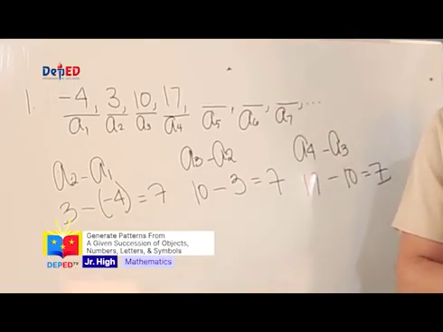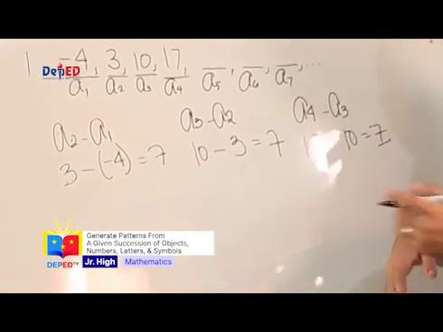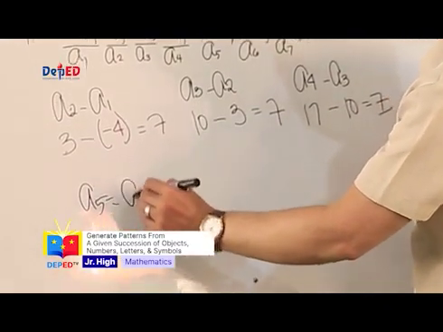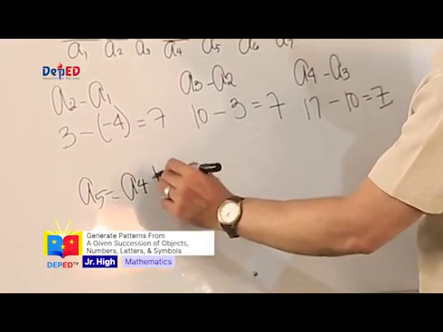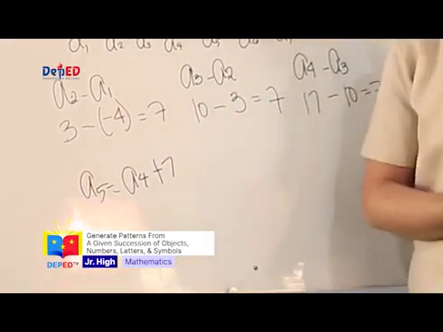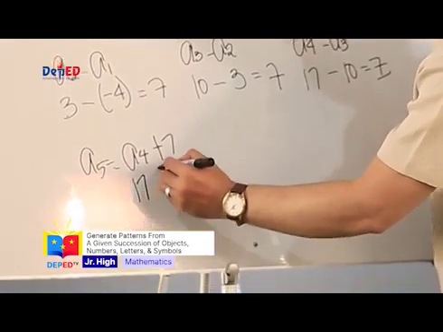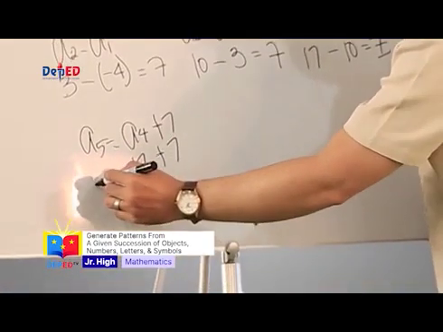The next three terms are obtained by adding 7 to the preceding term. So that's a sub 5 is equal to a sub 4 plus 7. So that's 17 plus 7.